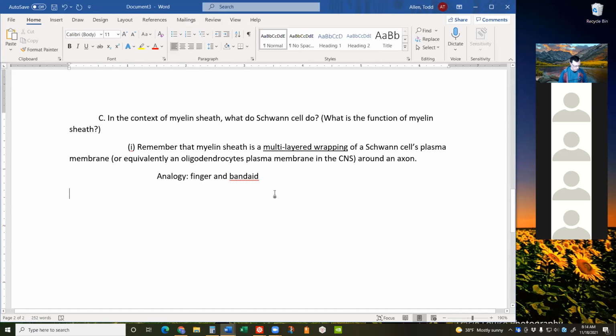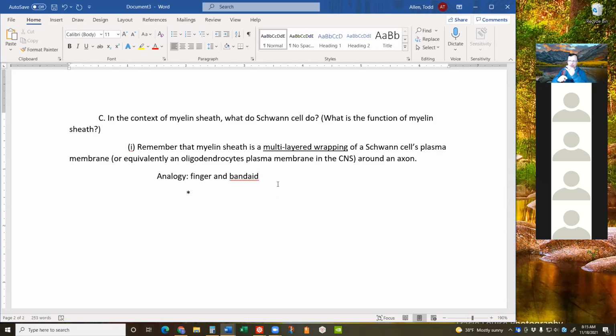If you take the Band-Aid and you wrap it around the finger one time without overlapping any of the Band-Aid on top of itself, then technically that is not considered myelin sheath.